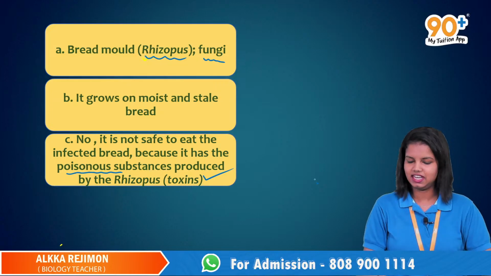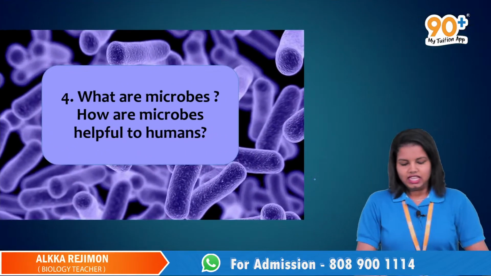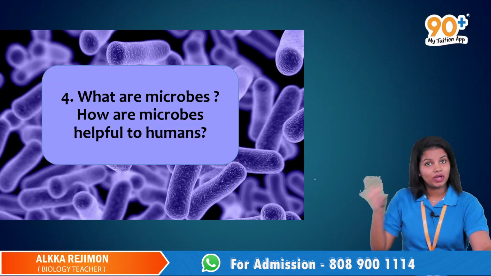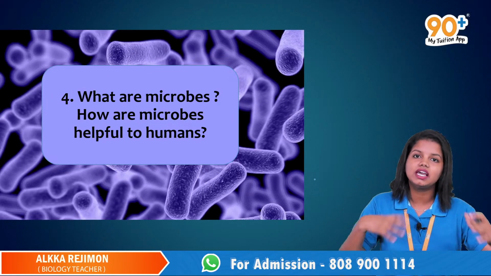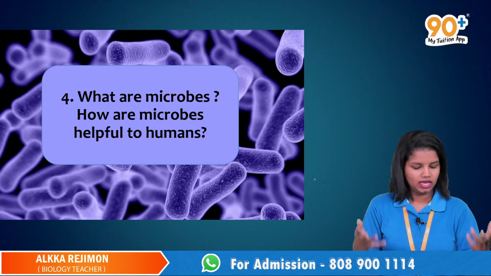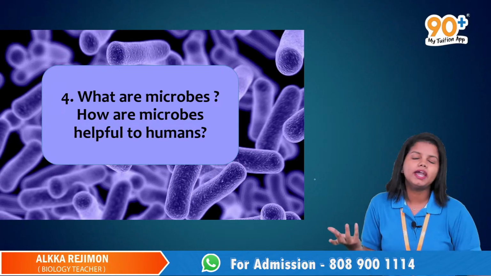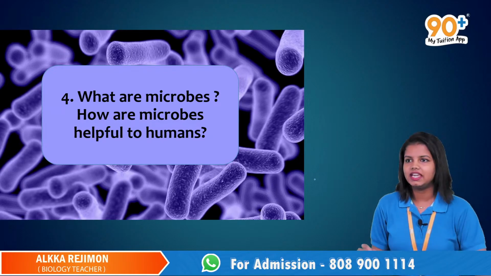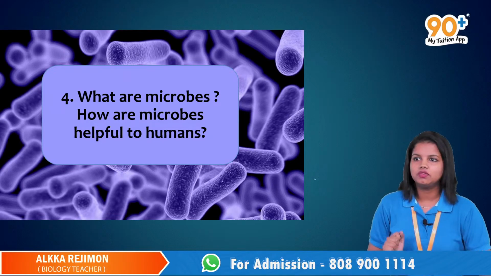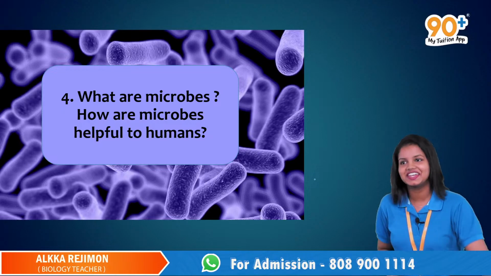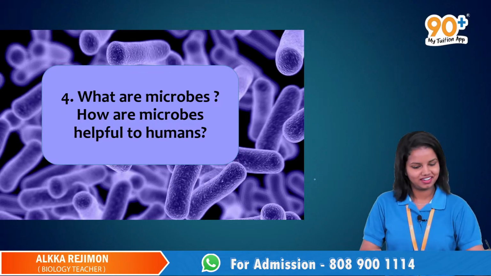Yes, that's another question which is simple and can be asked in your exams. That is, what are microbes and how are microbes helpful to humans? Yes, Reshma, loose motion can happen. Correct.